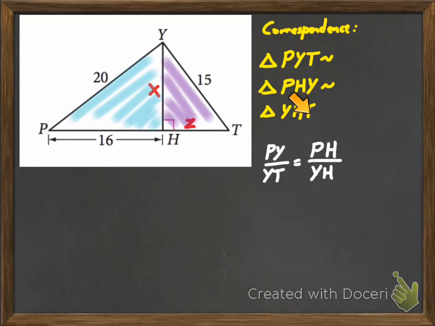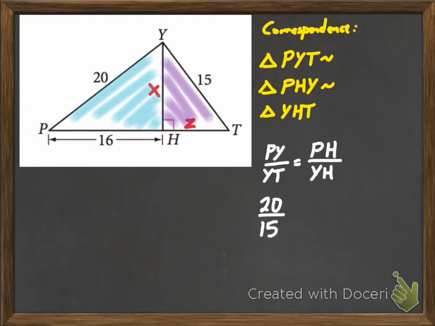So I'm just focusing on these two triangles here, so PY over YT equals PH over YH. So I'm not using the entire triangle, I'm just using the two triangles on the left and right. Because actually this triangle here on the left, I know two of the sides. So that's going to be the most helpful one to use.